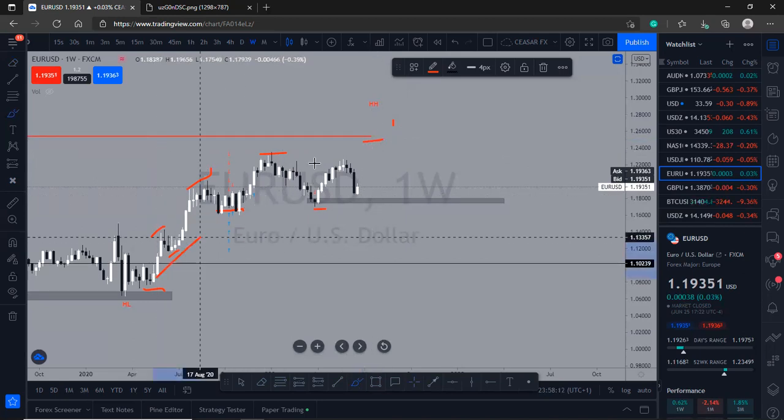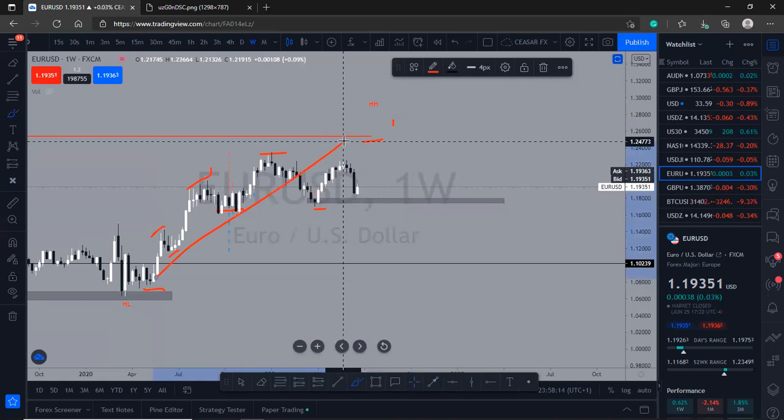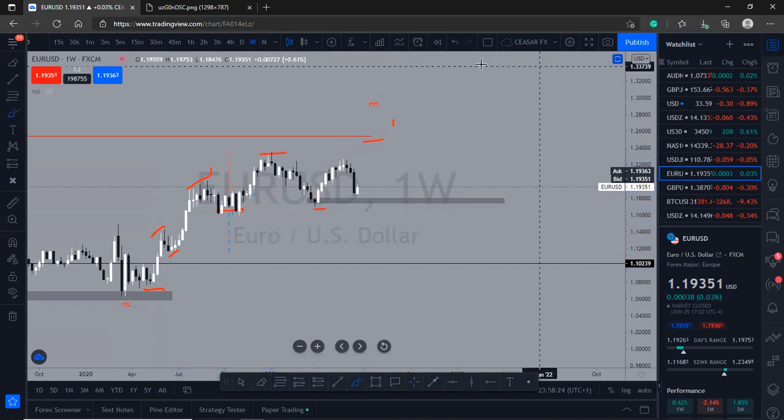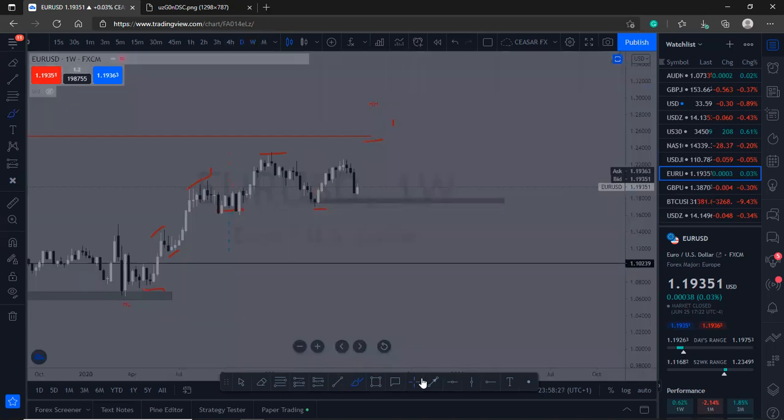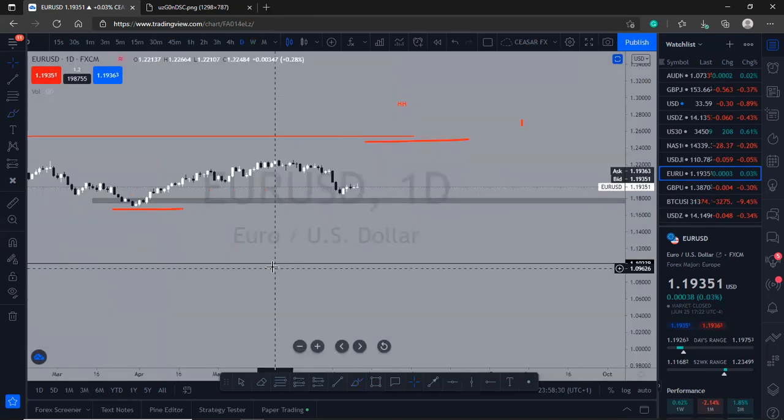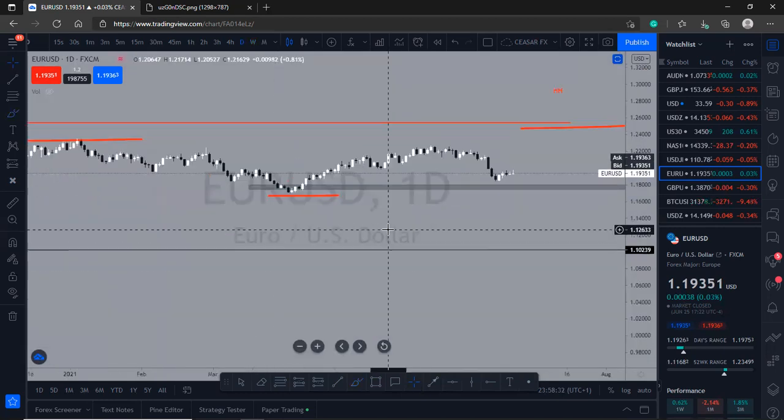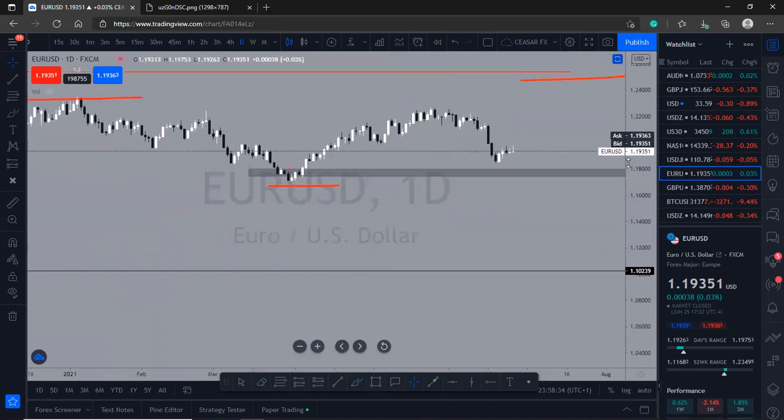But this one is just the one strong impulse if you go to monthly time frame. Now let's quickly look into the daily time frame. Now this is what is happening according to daily time frame.